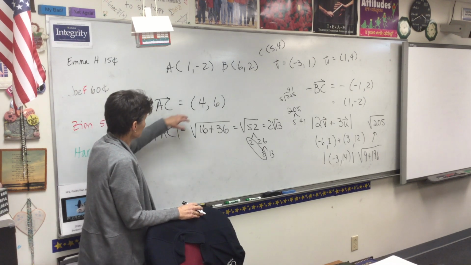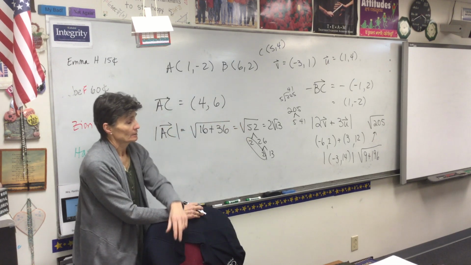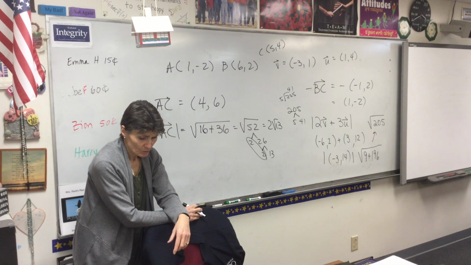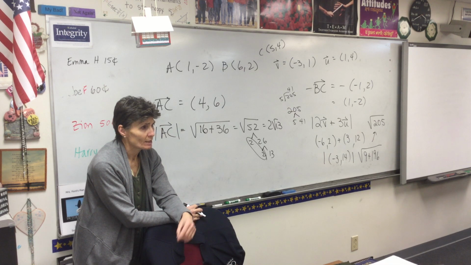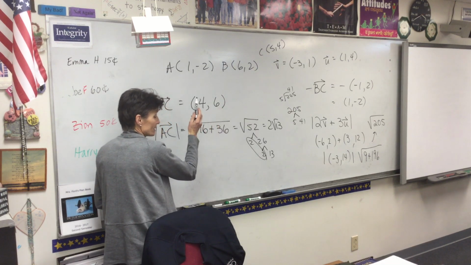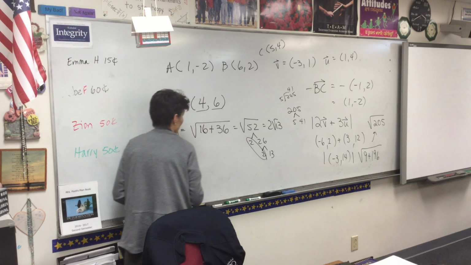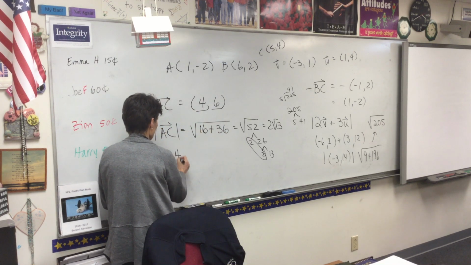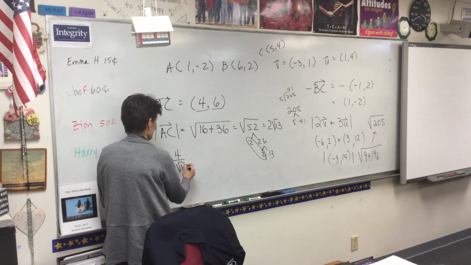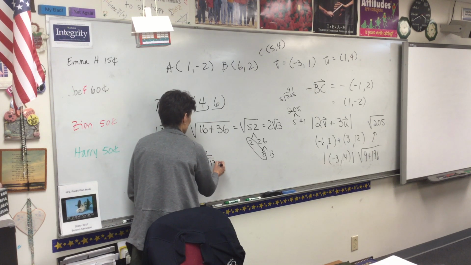So the magnitude of this vector is 2 root 13. What do I do to make it a unit vector? You take each of the twice and put it over 2. Exactly. So I'm going to take both of these numbers and divide them by 2 root 13. So 4 over 2 root 13 and 6 over 2 root 13.